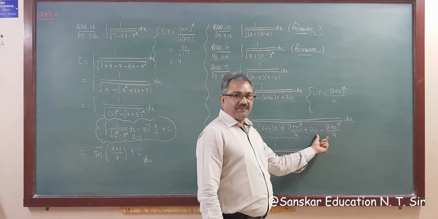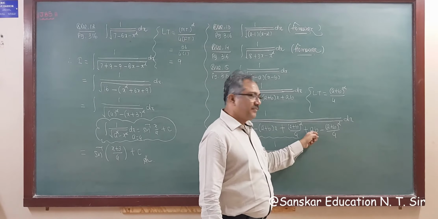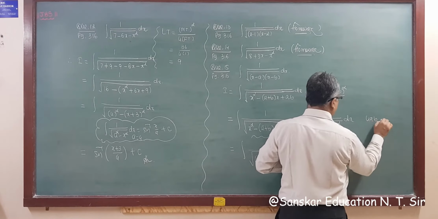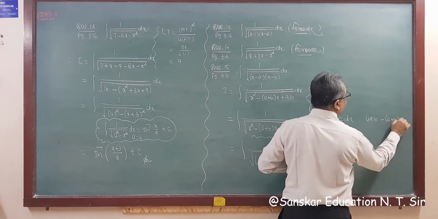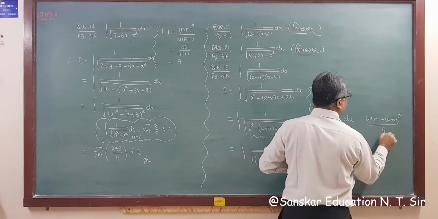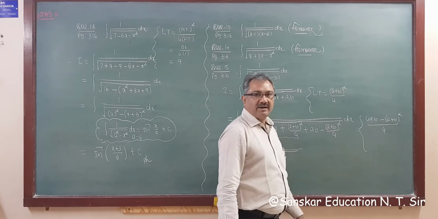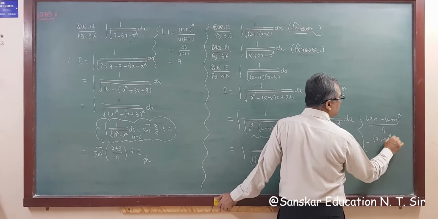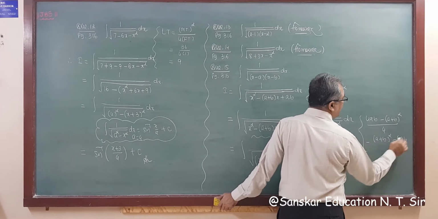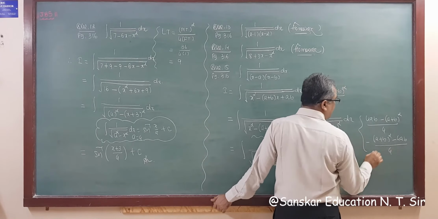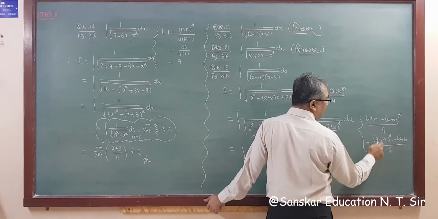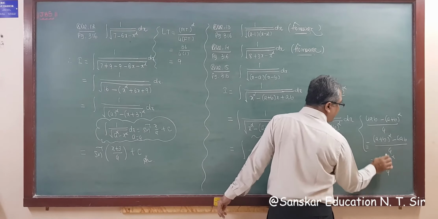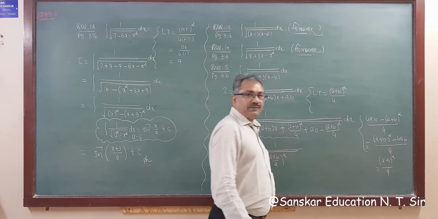Now from this, if we multiply, then what happens here? This is 4ab minus (a plus b) whole square divided by 4. So taking minus common, this will be ((a plus b) whole square minus 4ab) upon 4. And you know this is (a minus b) whole square divided by 4. That you know, right?